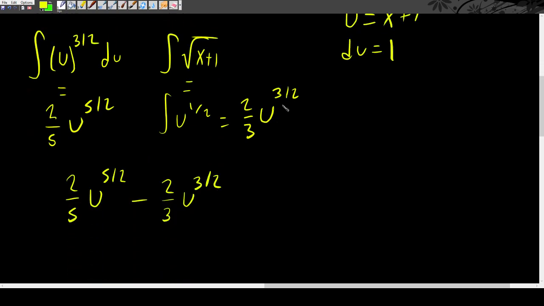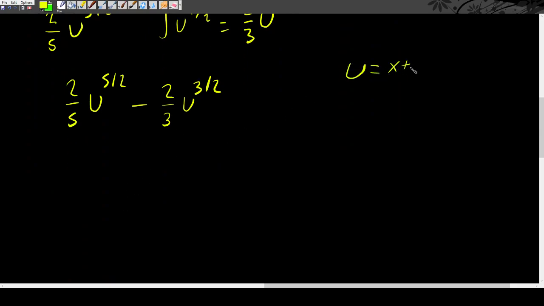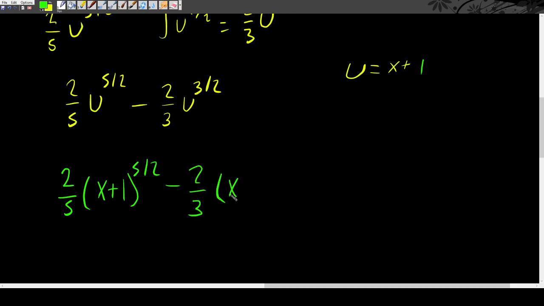Then we want to plug back in our u, which was x plus 1. Let me write this in a different color because this is our answer. 2/5 times x plus 1 to the 5/2, minus 2/3 times x plus 1 to the 3/2, plus c.